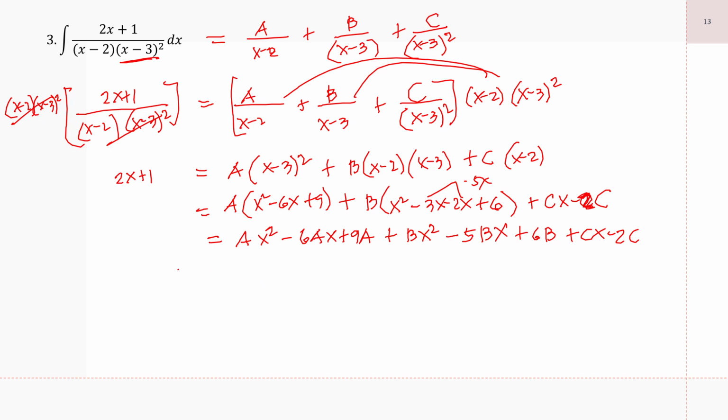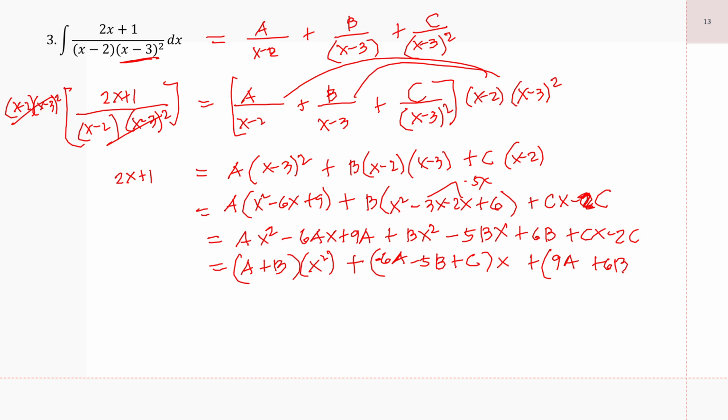Let's start with x squared: a plus b, times x squared, plus negative 6a minus 5b plus c, times x. And for the constant, we have 9a plus 6b minus 2c.